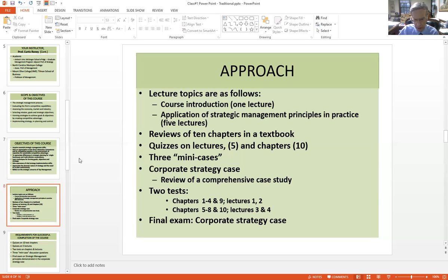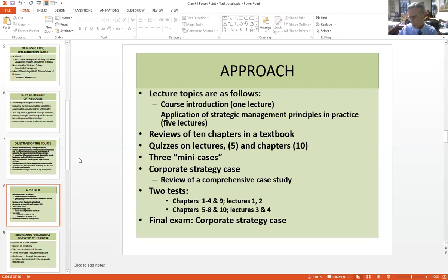And then as we go through the course, you should be making notes about that particular case and the company that the case is written about, so that in the final week, we can really work on that case, really chew it up.